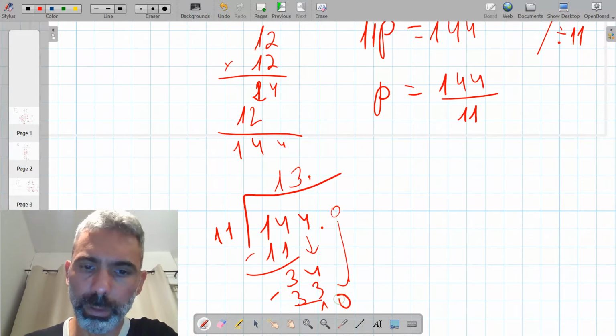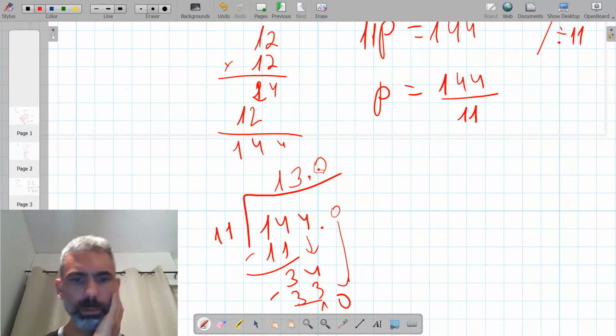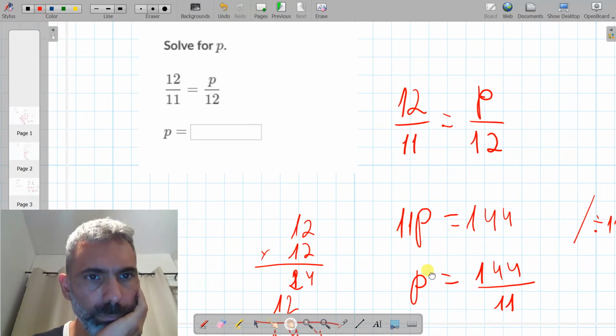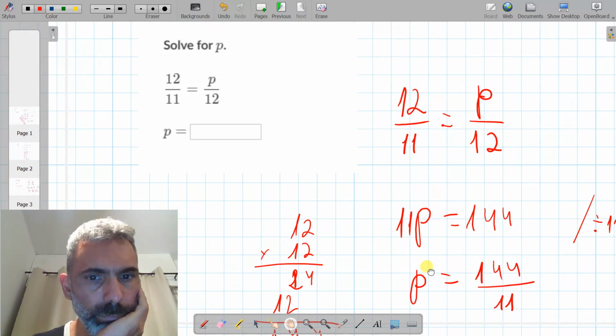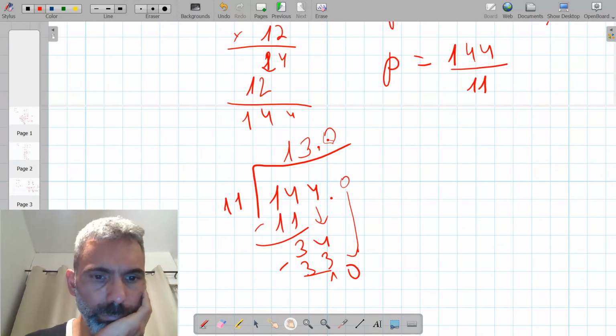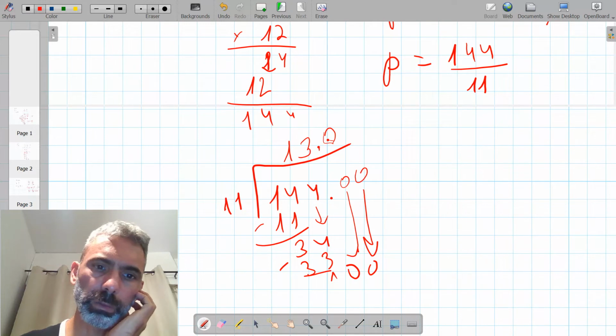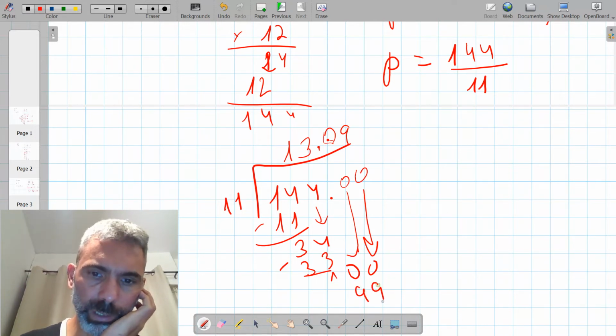Bring down 0. 11 doesn't go into 10, so 0. 11 goes into 100 9 times. 9 times 11 is 99. And 1 left.